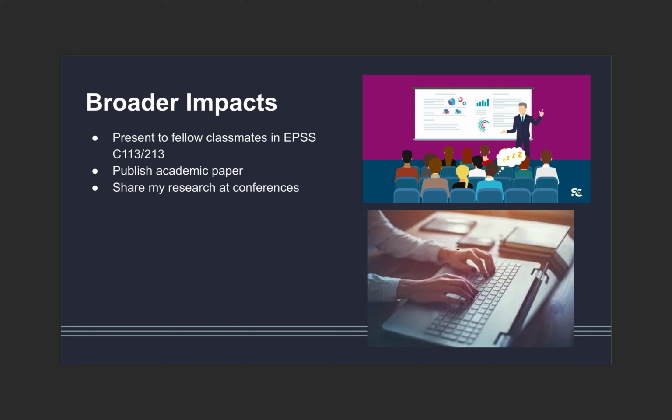Afterward, if the interest arises, I would be willing to publish my results and interpretation of them within an academic paper where my work can be further revised and debated amongst the worldwide community of geochemists. Once my work has been revised, I aim to share my research at conferences where my discoveries can be further spread to other scientists, students, and curious minds.